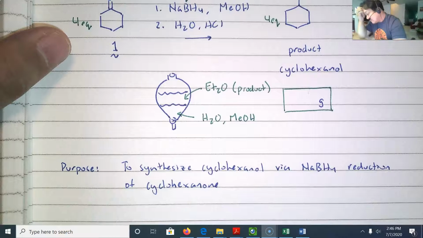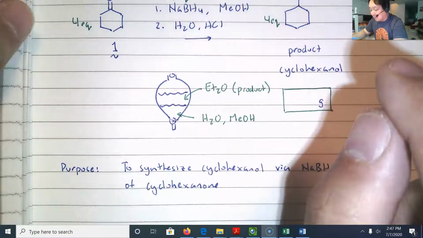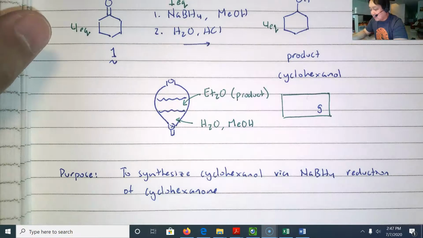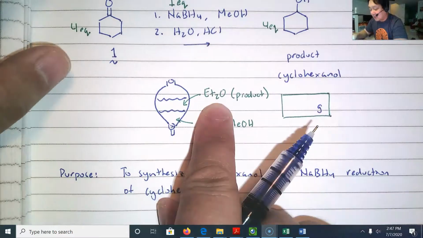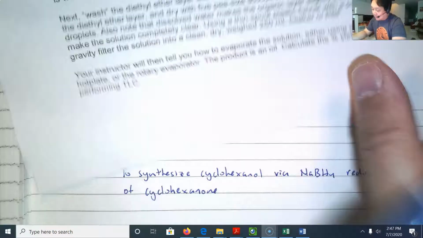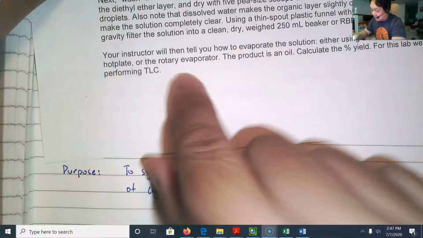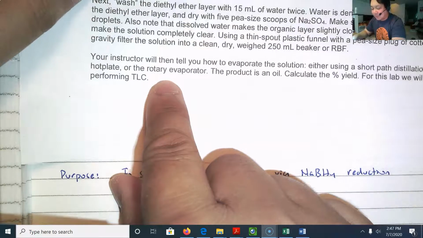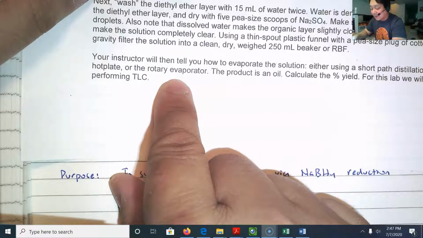Honestly, I might want to say something about the stoichiometry. I might want to say how we actually isolate this because there is a new technique called rotary evaporator, which we're not going to go over in this lab, but probably I'll show a video later on in the summer.